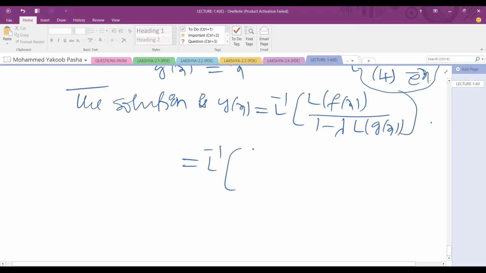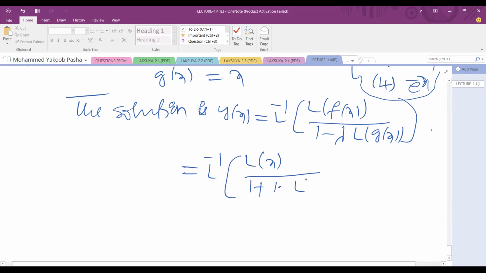So L of f of x is x, divided by 1 minus lambda, lambda is -1, so 1 plus 1, into L of g of x, which is also x.